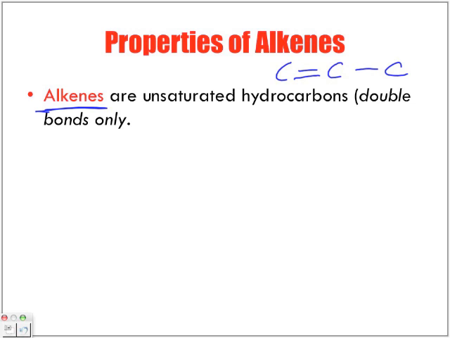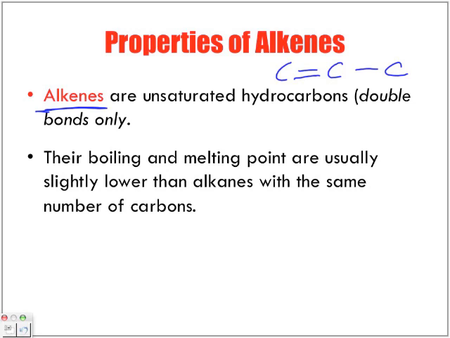A few other properties to know. Their boiling point and melting point are usually slightly lower than those of alkanes that have the same number of carbons. So we have here 3 carbons, and if we look at its equivalent, this might be propane, and here is propene.